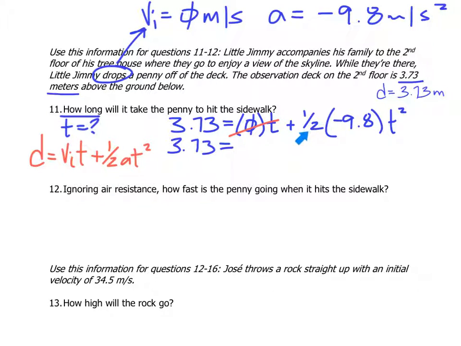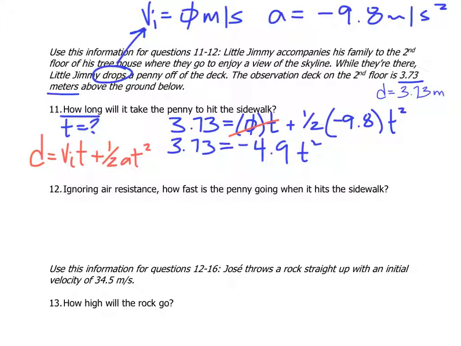So in other words, 0.5 times negative 9.8, or half of negative 9.8, is negative 4.9 T squared. So I've got a negative 4.9 times T.